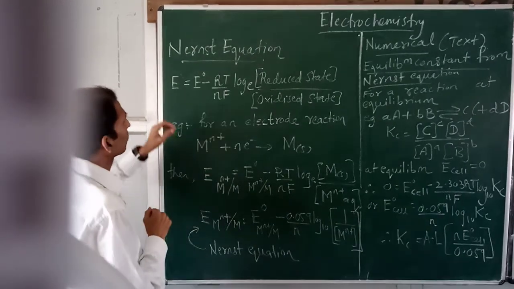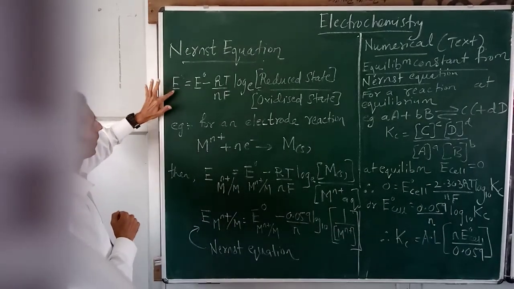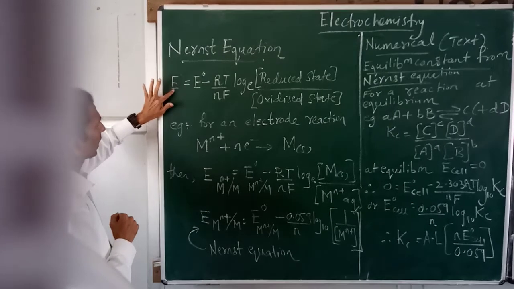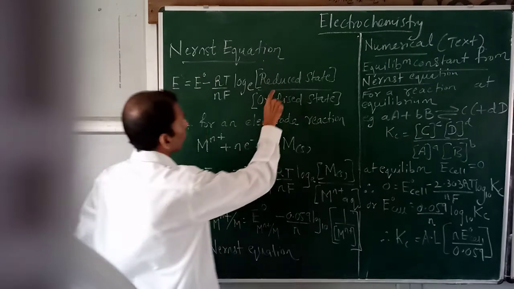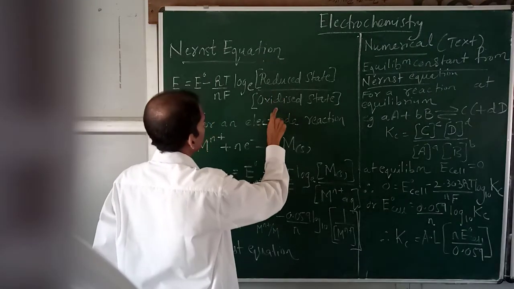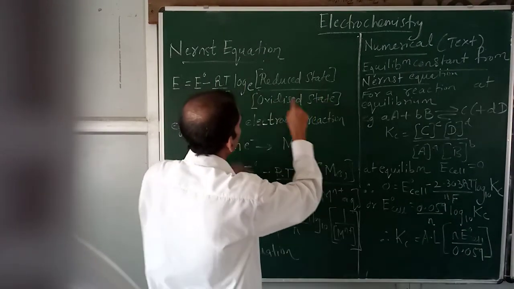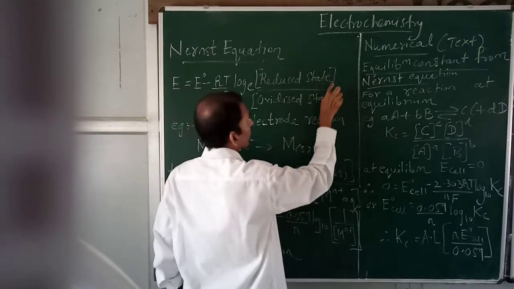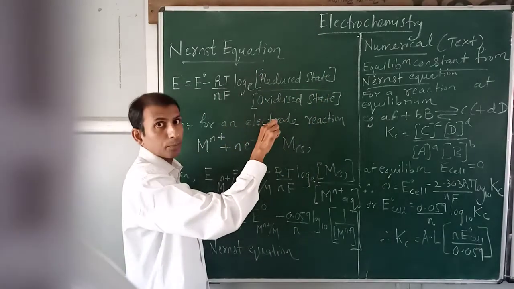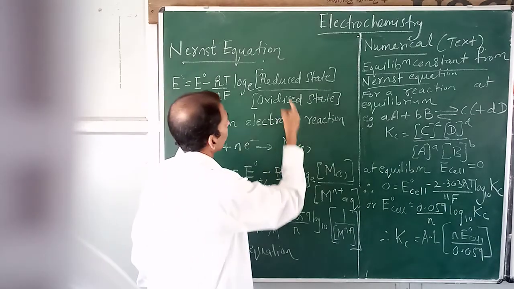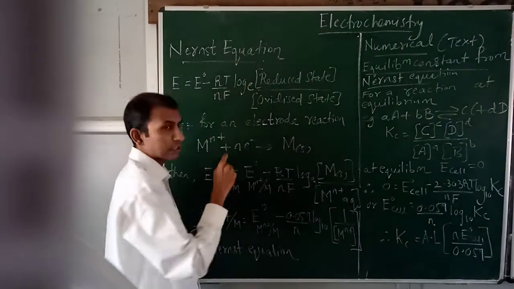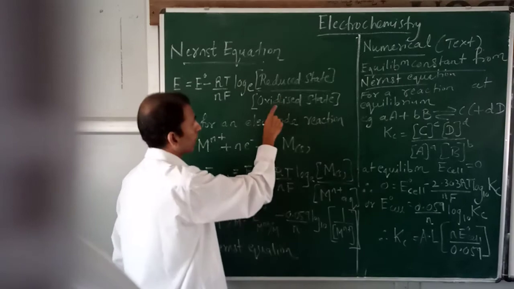So here we come to know that the equation relates electrode potential E with temperature T and also the concentration terms. What is the square bracket here? Square bracket means concentration terms, molar concentration, of the reduced state of the chemical species and the oxidized state of the chemical species.